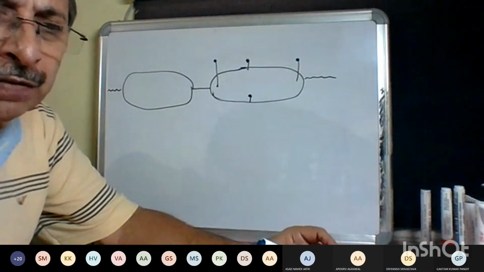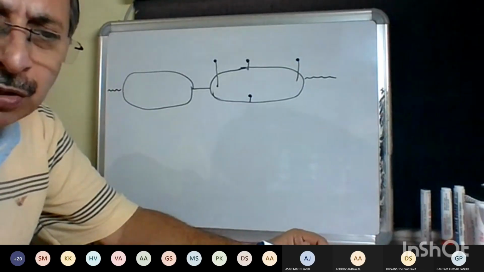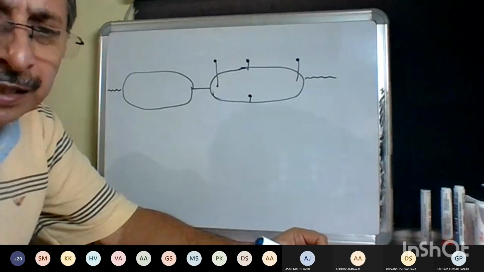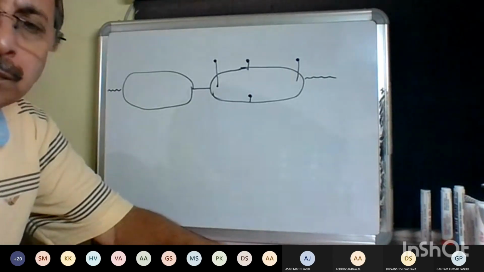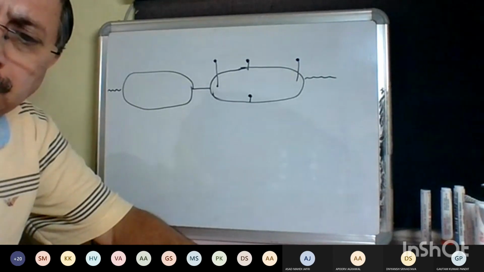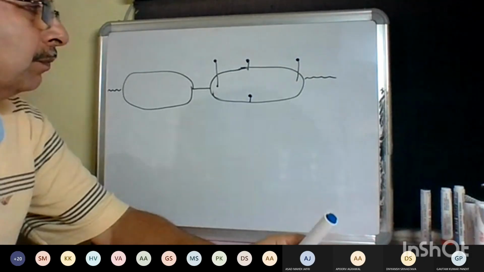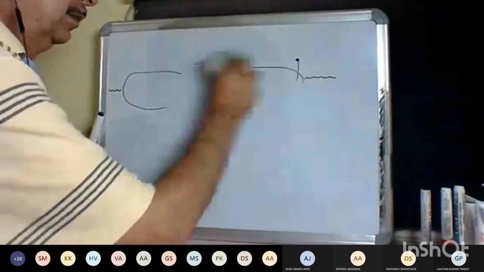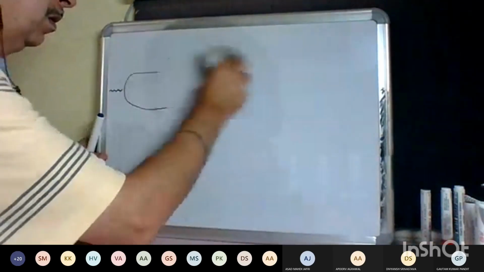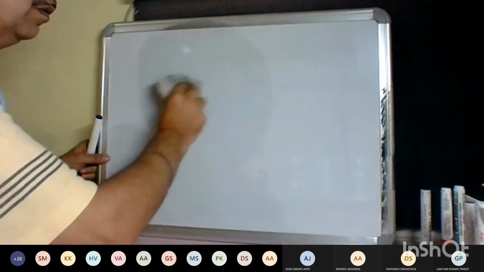So they could be even 50 meters long. They could be 60 meters long. They could be 30 meters long, like that kind of a thing. ठीक है? Any other doubt?